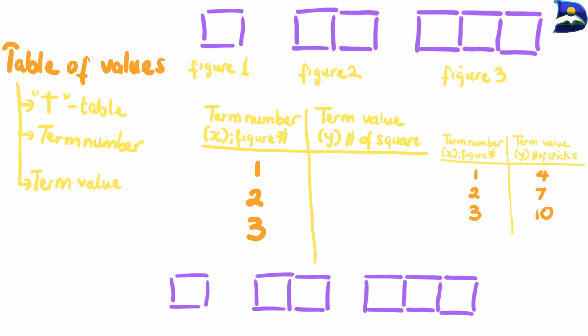Figure 1 has 1 square, so we put 1, for figure 2 we have 2 squares, and finally for figure 3 we have 3 squares.